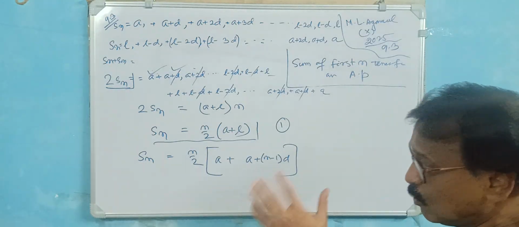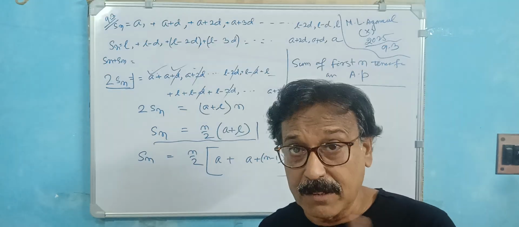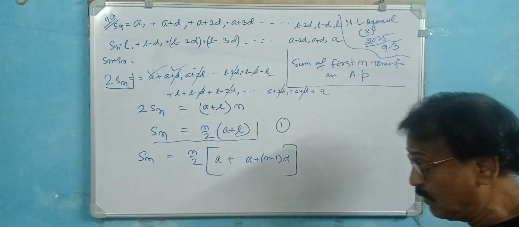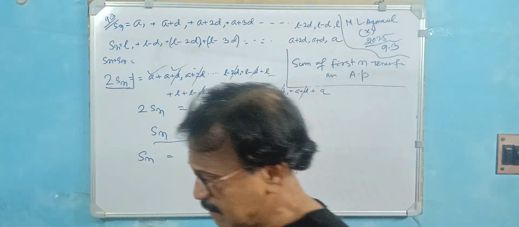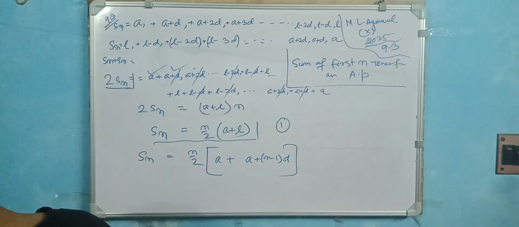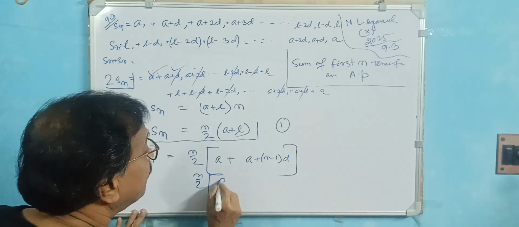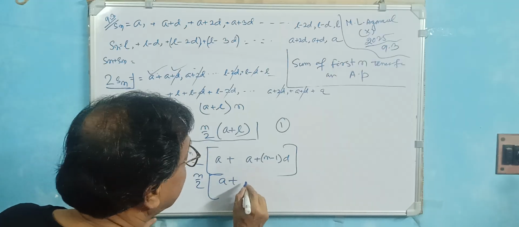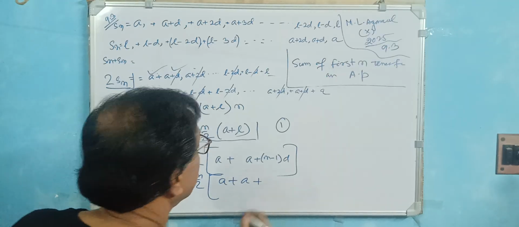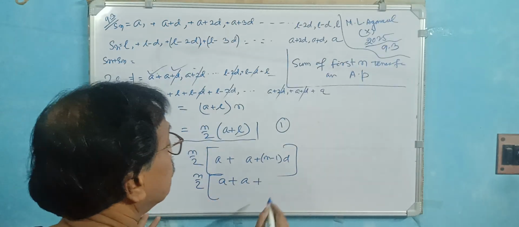When no last term is given, but the term number and common difference are given, you apply this: n by 2 (a + (n - 1) into d).